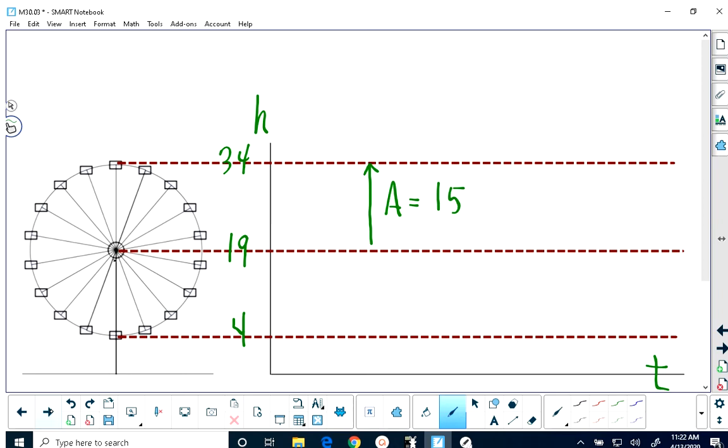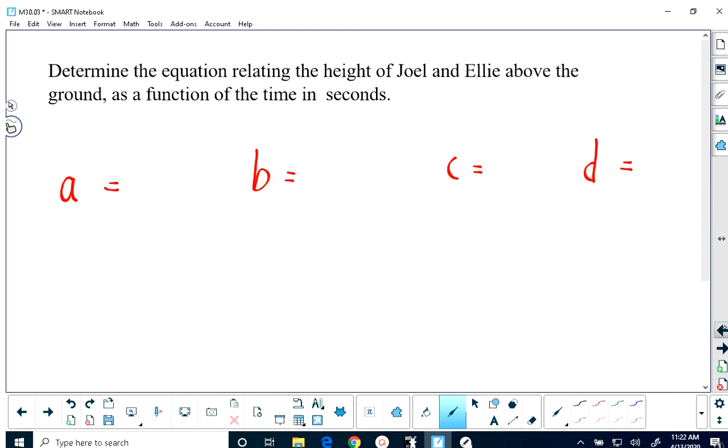We also know that the vertical displacement is 19, because the vertical displacement is always where the middle of the graph is. So we basically have two of our parameters. We have A, which is either positive 15 or negative 15, and we have the vertical displacement, which is 19.